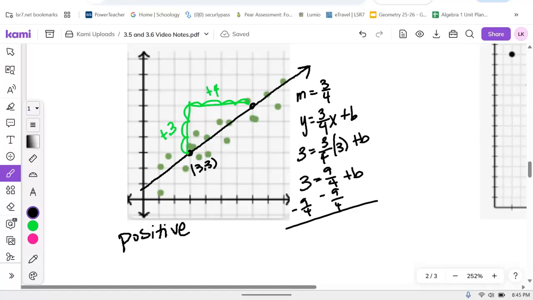Now you can use your calculator. I'm just going to say 3 wholes is the same as 12/4, and if I subtract 9/4, that's going to give me 3/4. So 3/4 equals b. So my trend line, or my line of best fit, is going to be y equals 3/4 x plus 3/4.